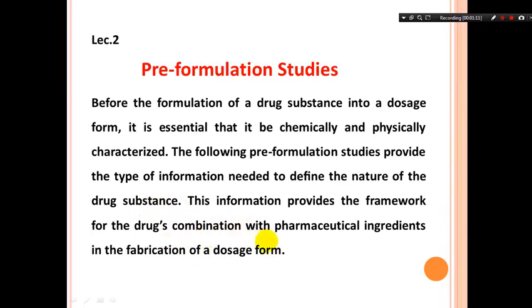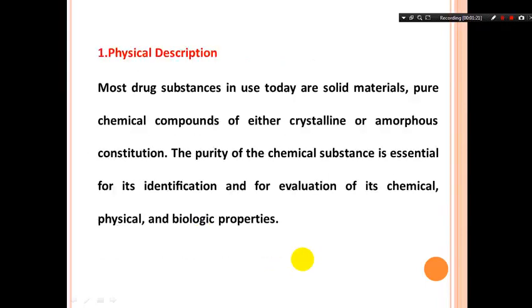They also give us the framework to combine the drug with the pharmaceutical ingredients in order to fabricate the dosage form. The first study in pre-formulation is about the description of the physical form of the material.